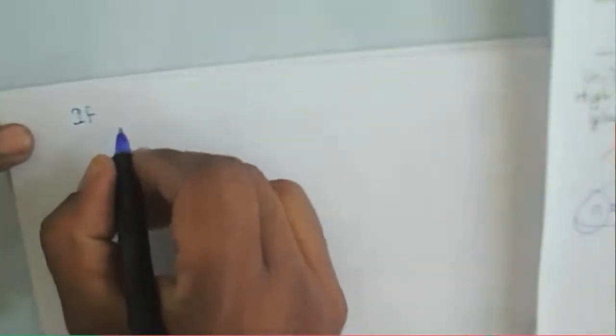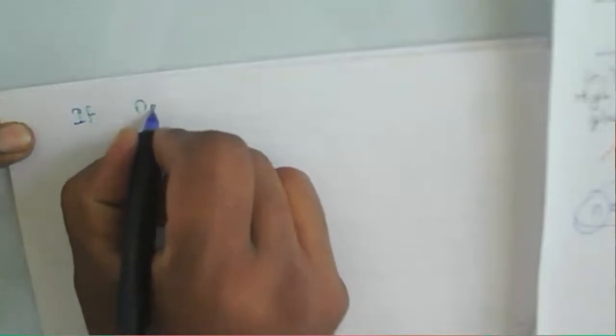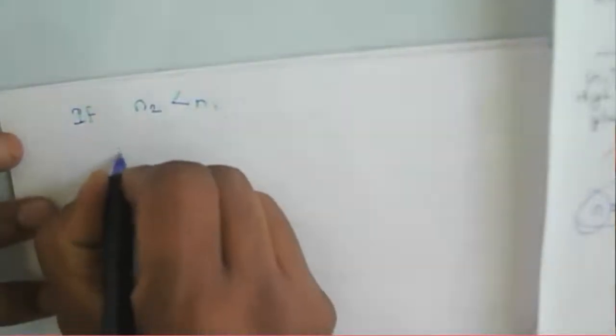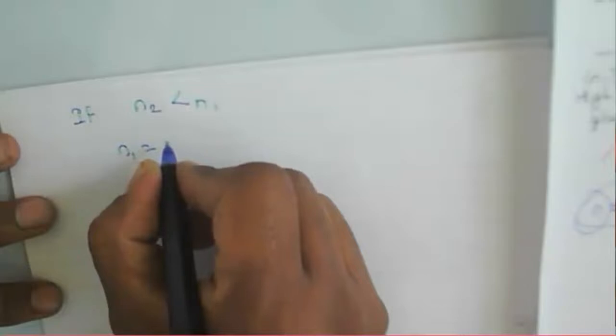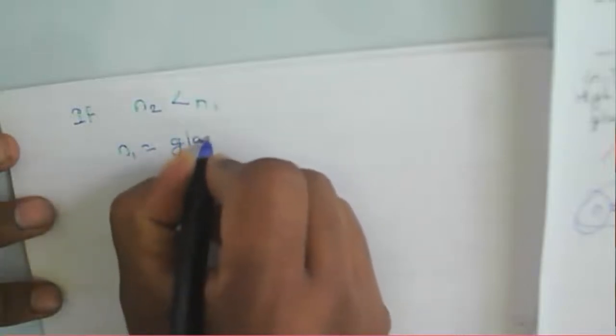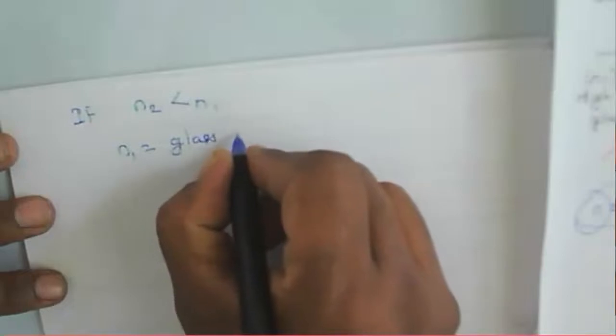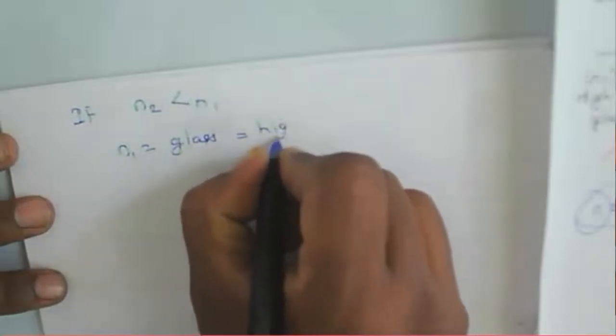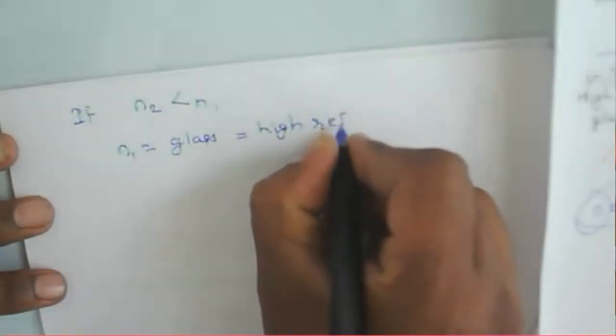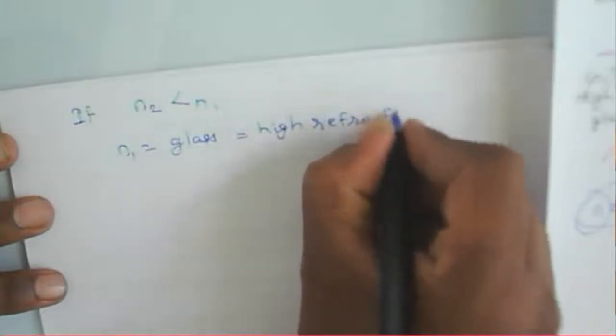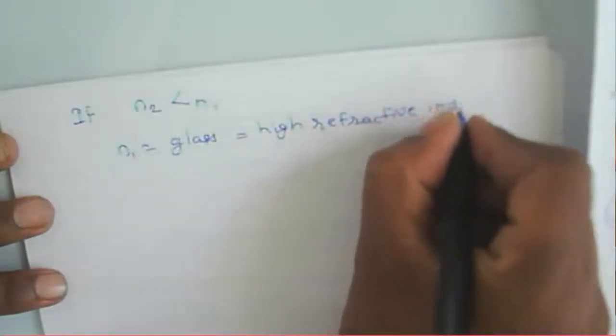Now consider the case where n2 is less than n1. In general, n1 is a glass material and it has a high refractive index.